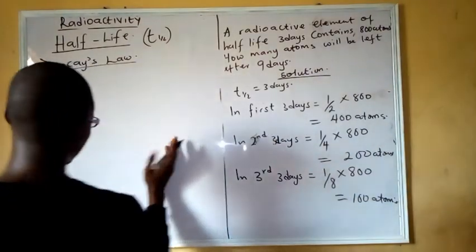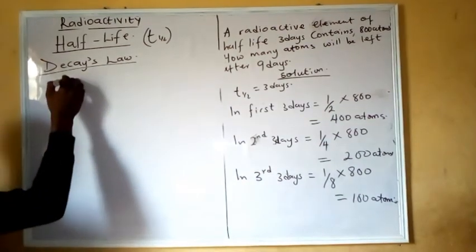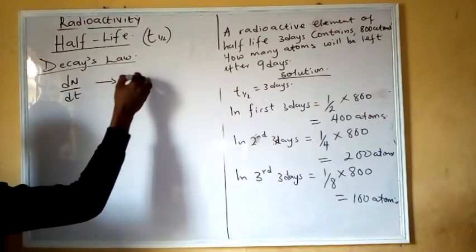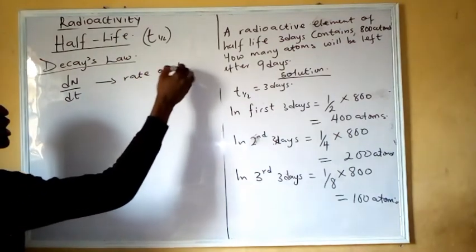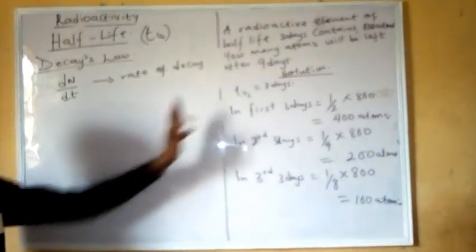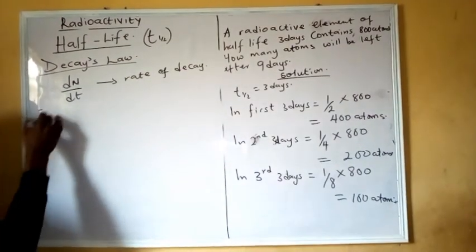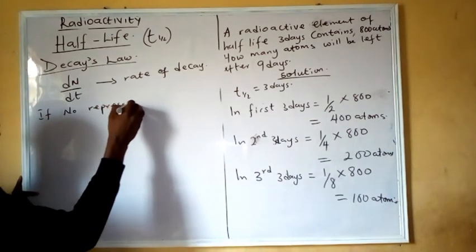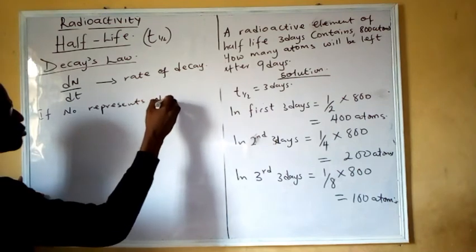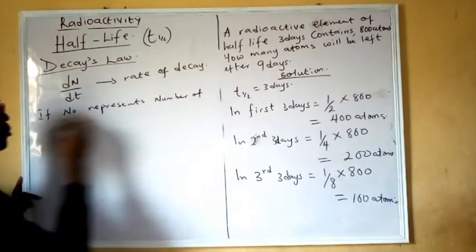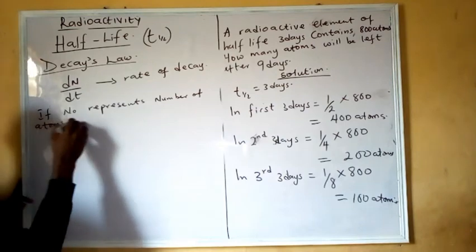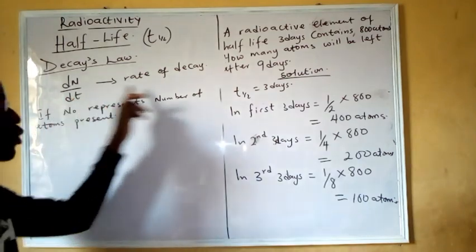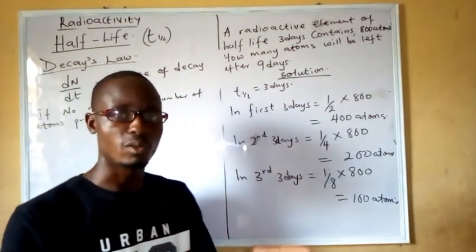So putting that into a mathematical expression, we have dN/dt. So this means the rate of decay or disintegration. So if N naught represents the number of atoms present, then the rate of decay is proportional to the number of atoms present.